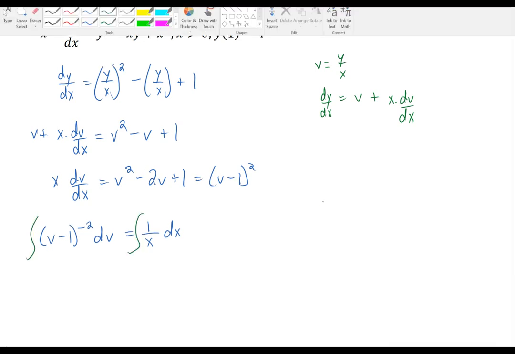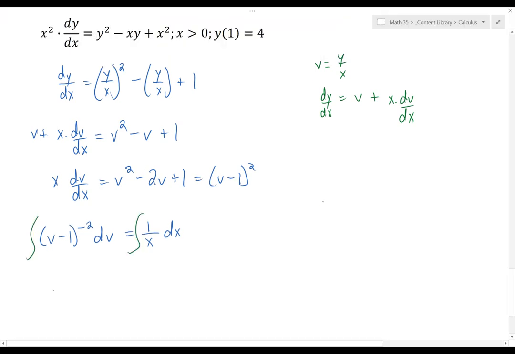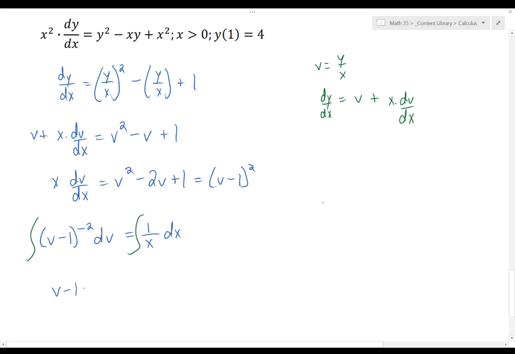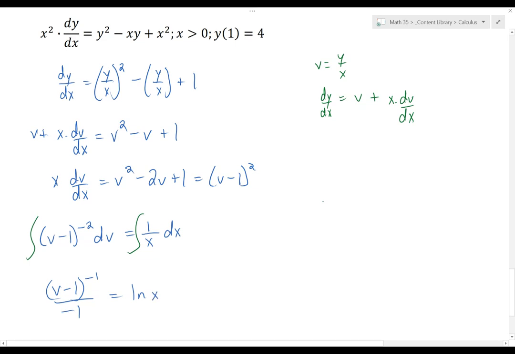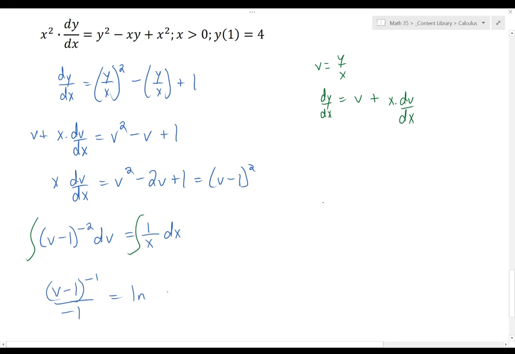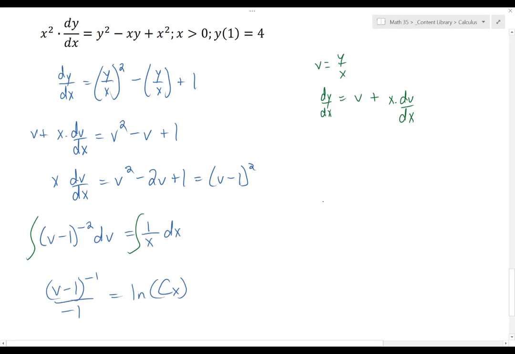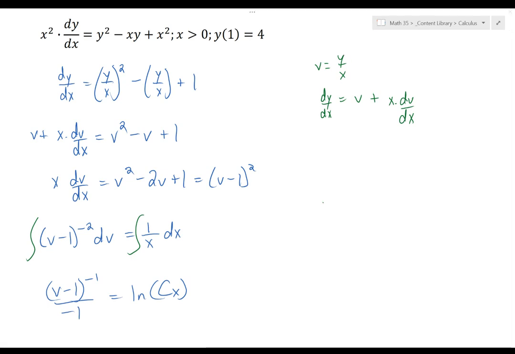So the antiderivative of that left-hand side is v minus 1 to the power of negative 1 divided by negative 1, and ln of x plus c, but I'm just going to make it some different c of x. And again, we do not need the absolute value because I've told you that x is greater than 0. Let's put the negative on the right-hand side.